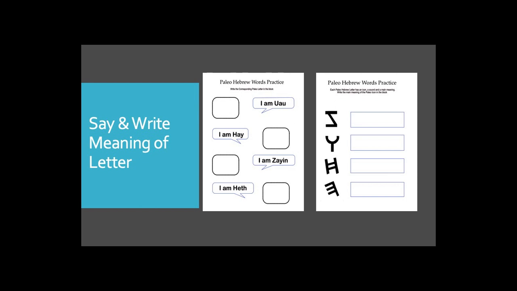So what is the main meaning of Zion? And just continue on down till you get all of the main meanings written in the blocks. Most of the time, the main meaning is just one word.